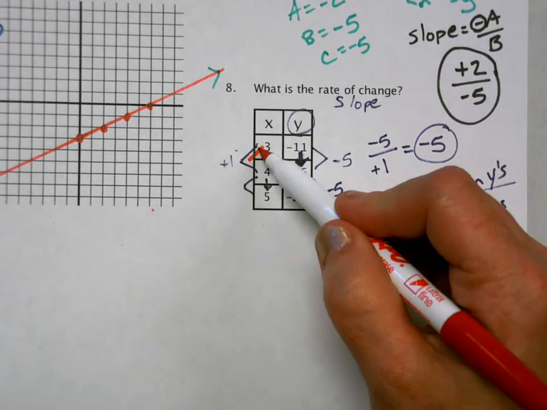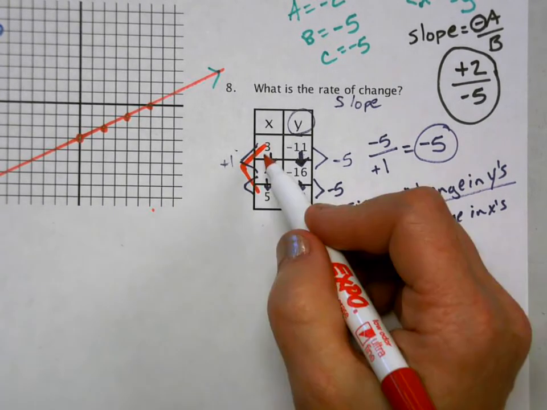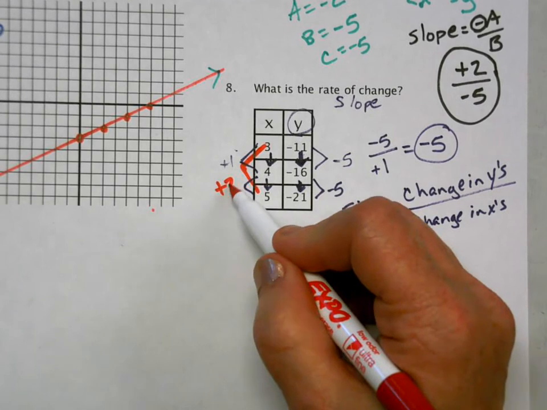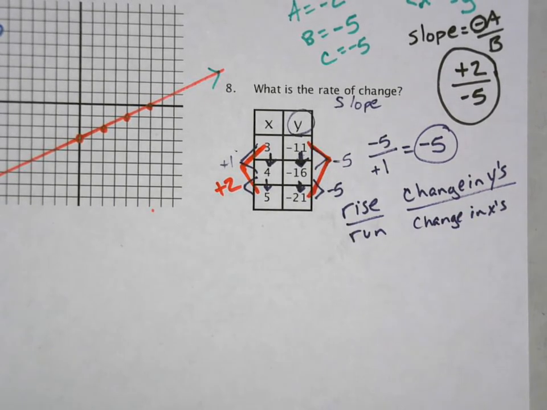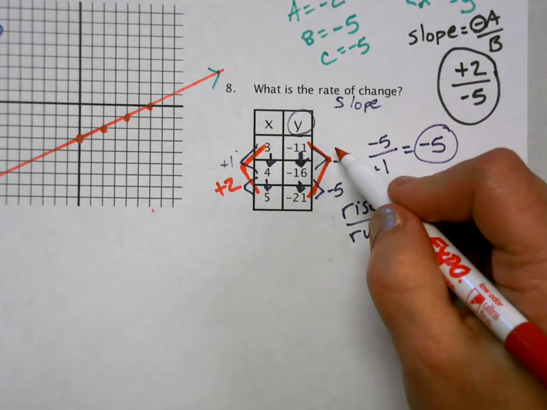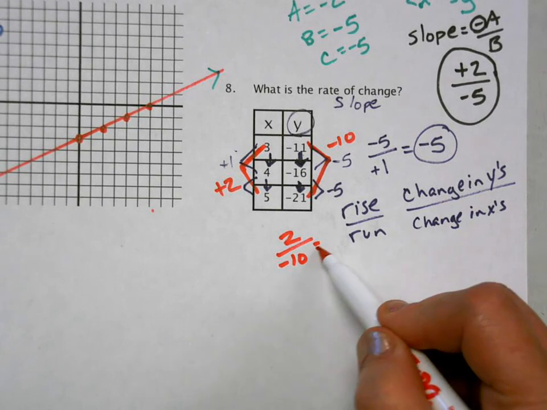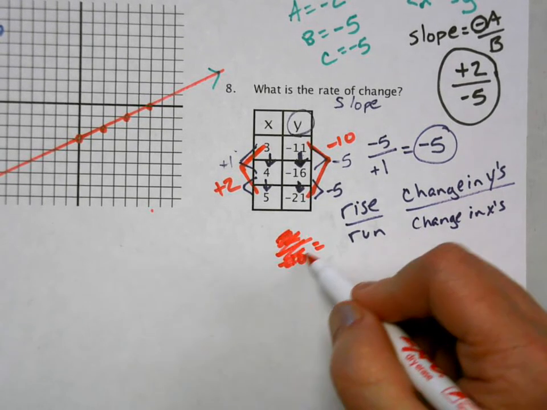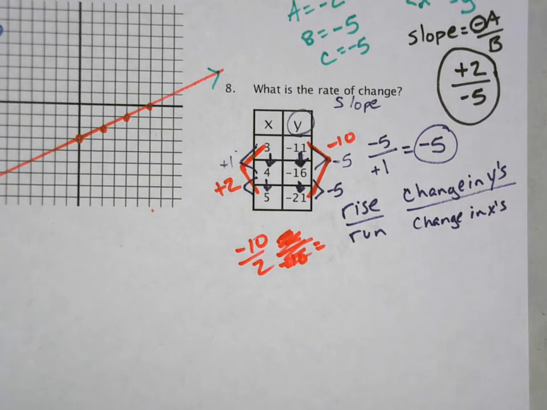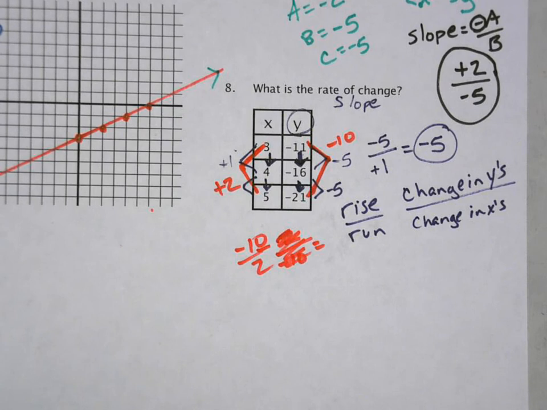If I picked 3 and 5, what did I do to get from 3 to 5? And what did I do to get from -11 to -21? When I do -10 over 2, doesn't it still reduce to negative 5?